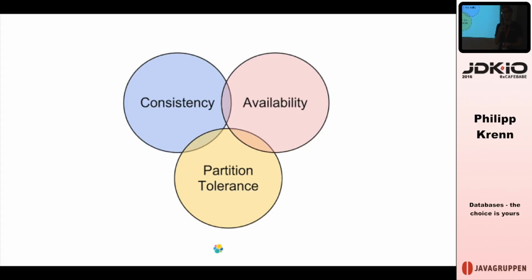And of these 3 attributes, you can at most pick 2. If you have a bad implementation, you probably only get 1 attribute or none of the attributes at all in some situations. But you need to choose where you want to be. You can either be here, here, or here, but never in the middle. There is no way to get all of them.